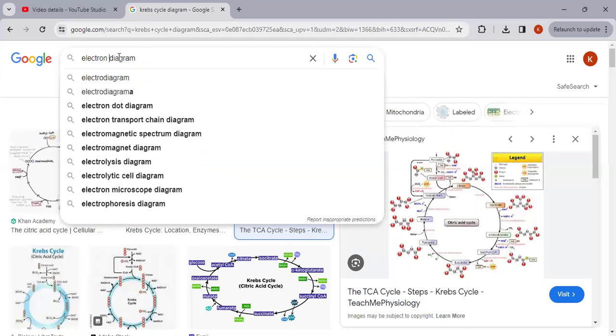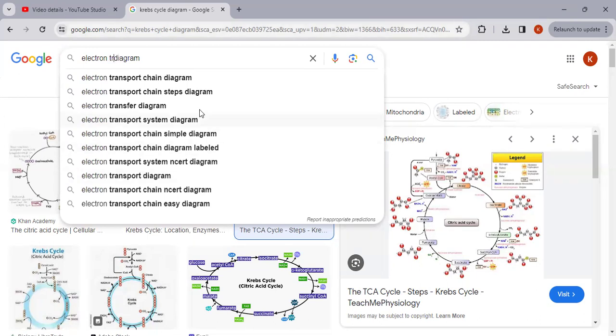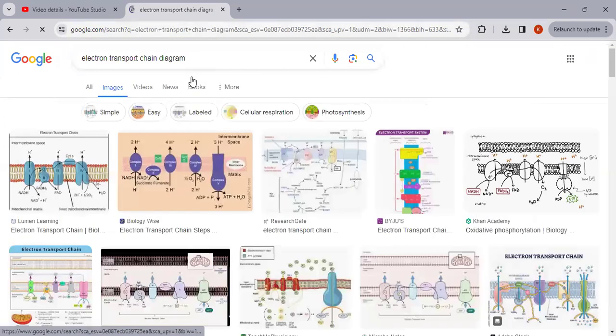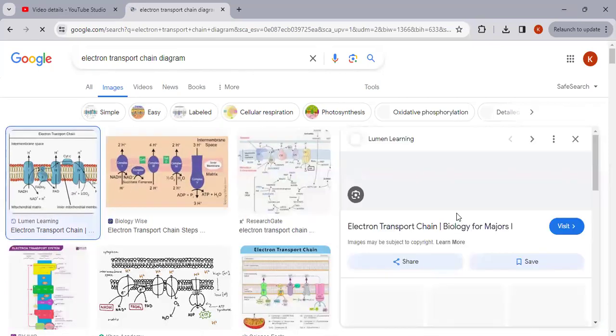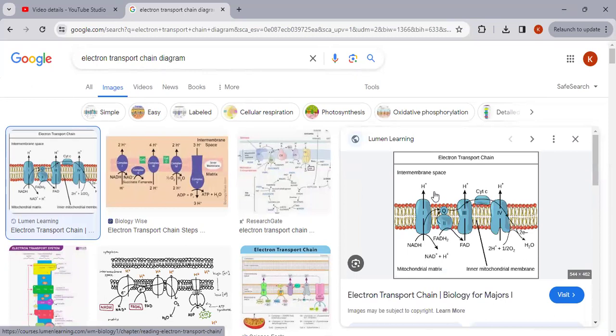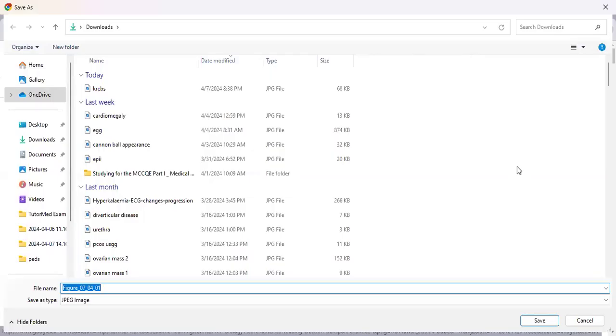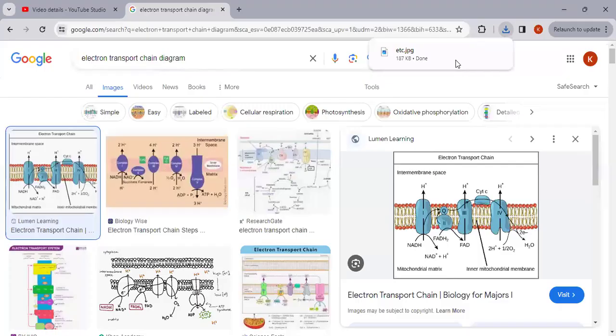Electron transport chain diagram. Yeah. Sharp. Oh, nice. Let's see. Oh, nice. Good. ETC. So download it.